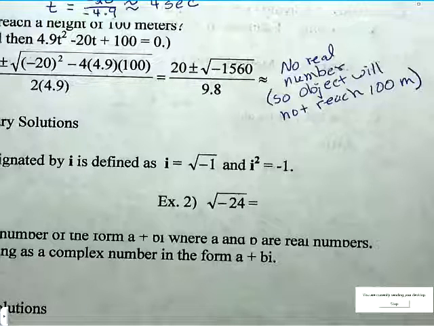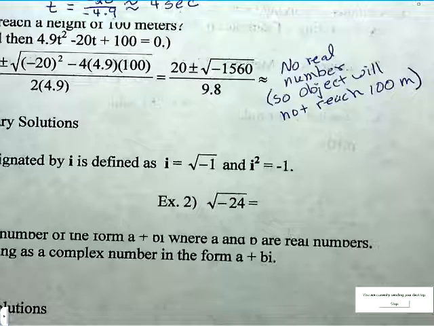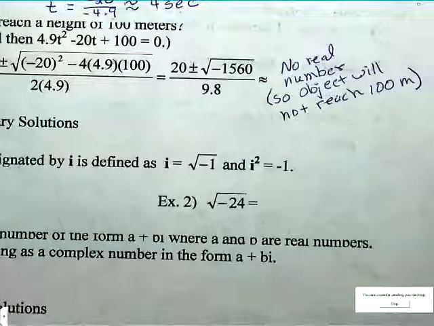Let me caution you about a common mistake on the test. There's a section that says solve the equation. And some of the equations give you real number solutions. Some of the equations give you imaginary solutions. If I say solve the equation, I mean whether it's real or imaginary, give me the answer.